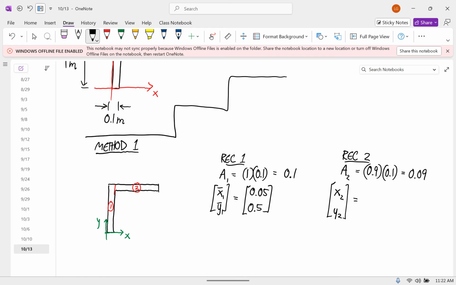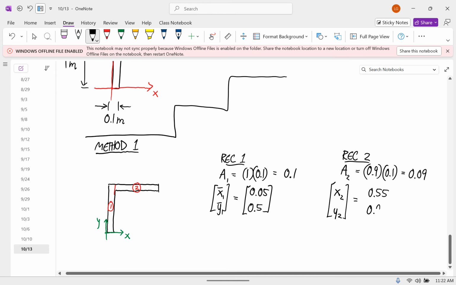So it's going to be 0.1 plus 0.45, so this is 0.55. Any questions about that? And then vertically, you have to go up 0.9 to get to the bottom of it, then another 0.05 to get to the middle vertically. So this is 0.95.